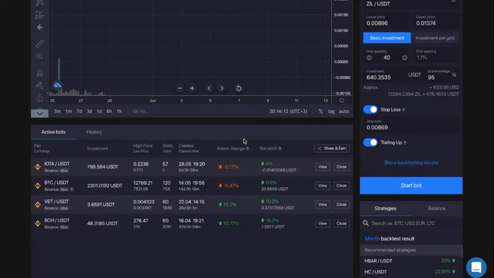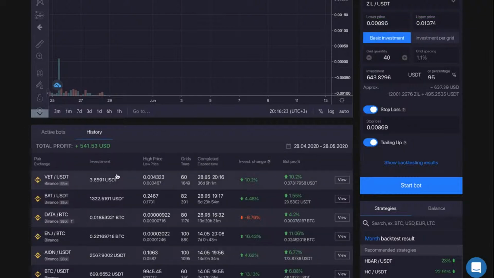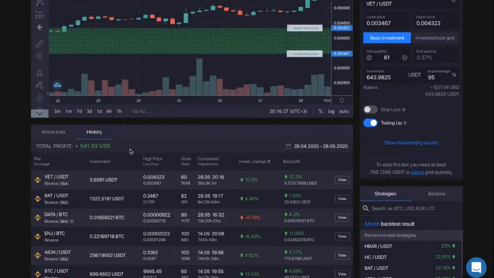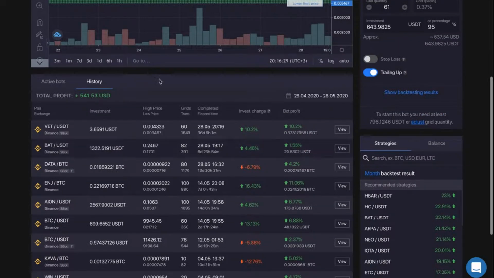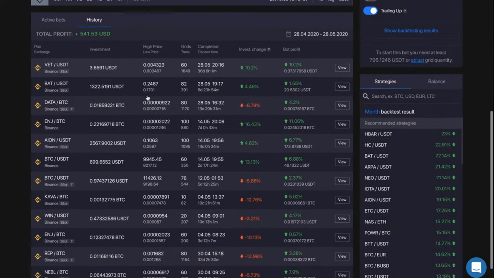When you click on close the bot, it has now cancelled and closed it, and it's shown in the history right here. All of the bots that you had, you can always find them in the history.